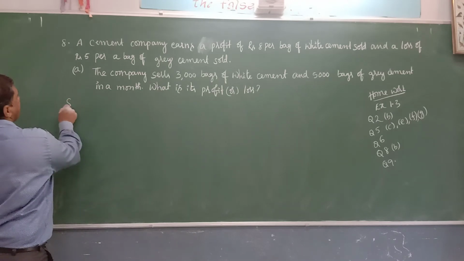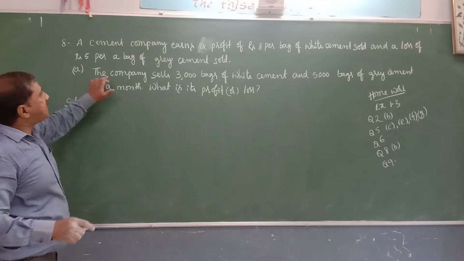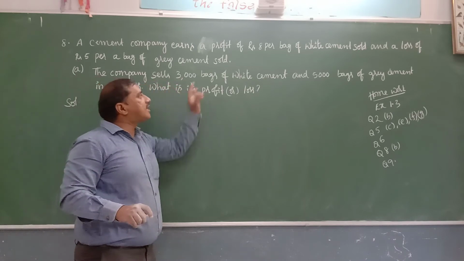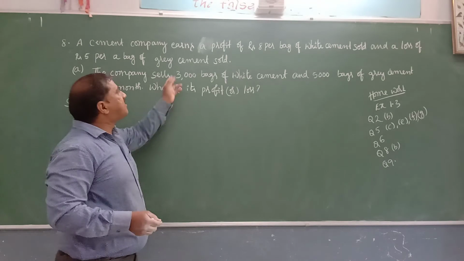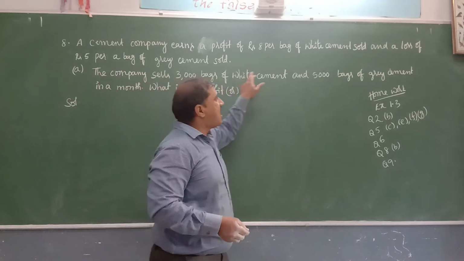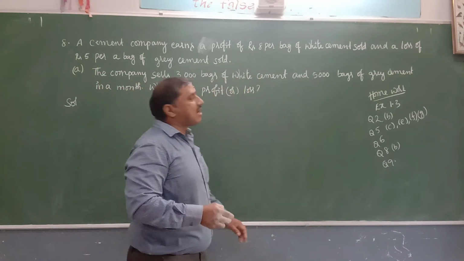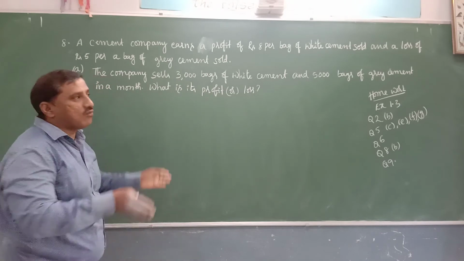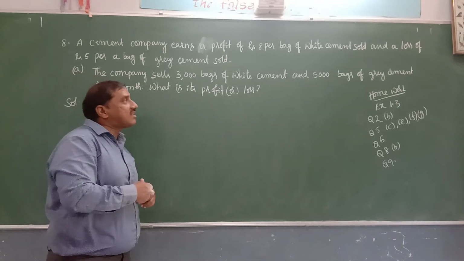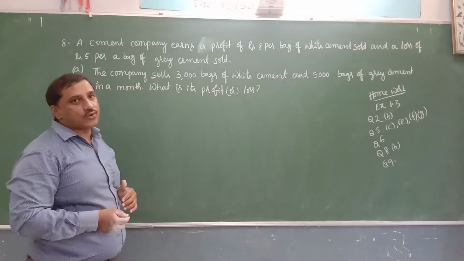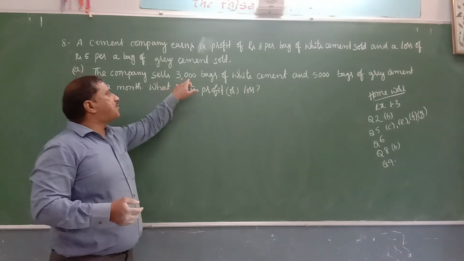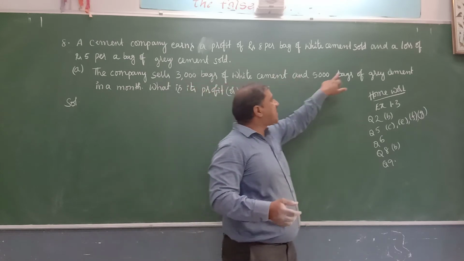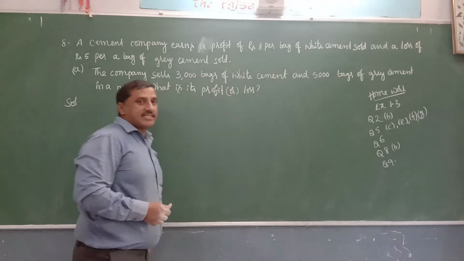In part A, the company sells 3,000 bags of white cement and 5,000 bags of grey cement in a month. In total, 8,000 bags of cement were sold in that month.